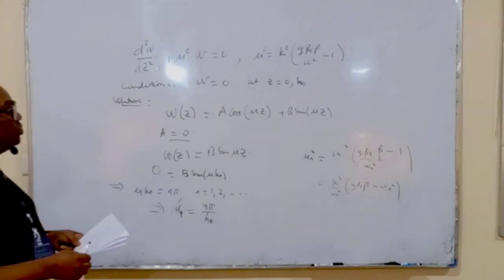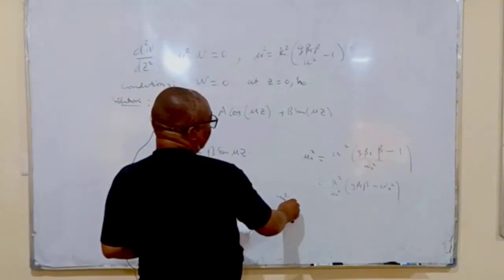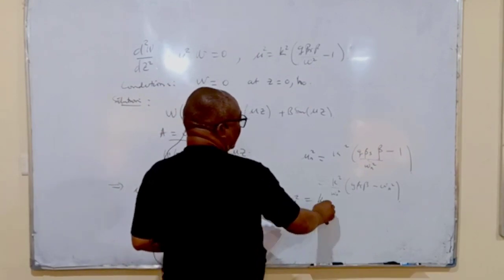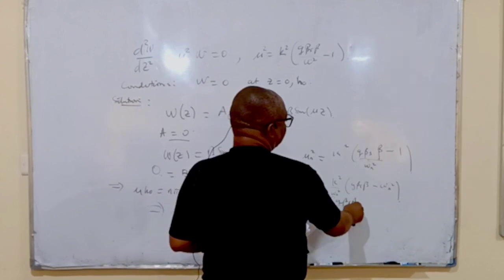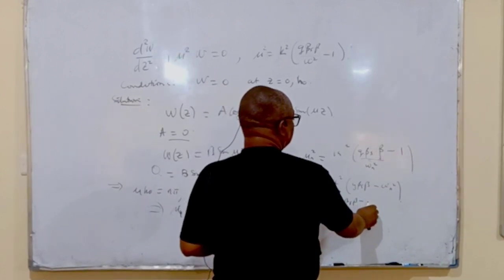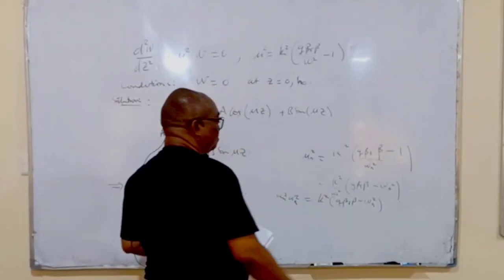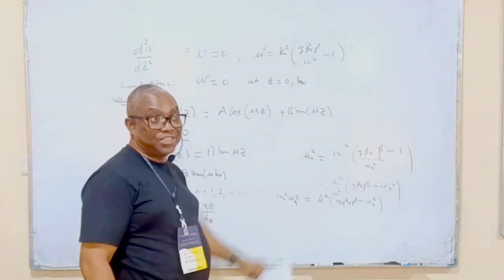So you see that mu n squared omega n squared will give you k squared g beta s beta minus omega n squared. I've cross multiplied. So we can bring this to be able to write the dispersion relation.